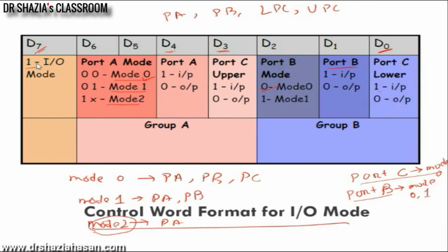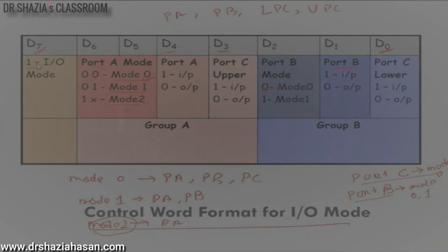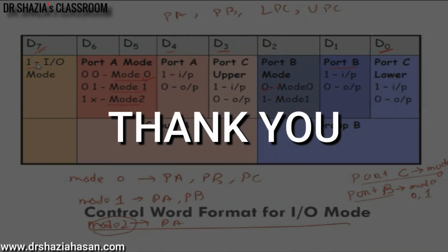But D7 must be high whenever we are writing a control word. We write the control word to the control register. This control word will be written by the microprocessor and sent to the control register of 8255 to program the ports in a specific mode of operation.